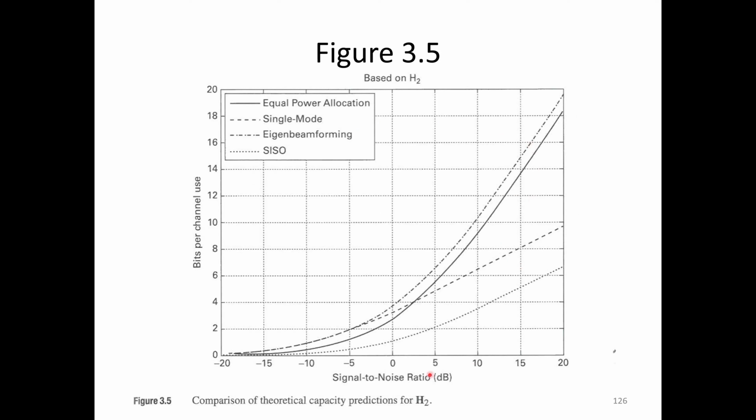We can see that when the signal-to-noise ratio is between 15 dB and 20 dB, the curve of the equal power allocation and eigenbeam forming, equal power allocation is a shift. If we shift eigenbeam forming to the right by approximately 1.25 dB, we will find an equal power allocation curve here.